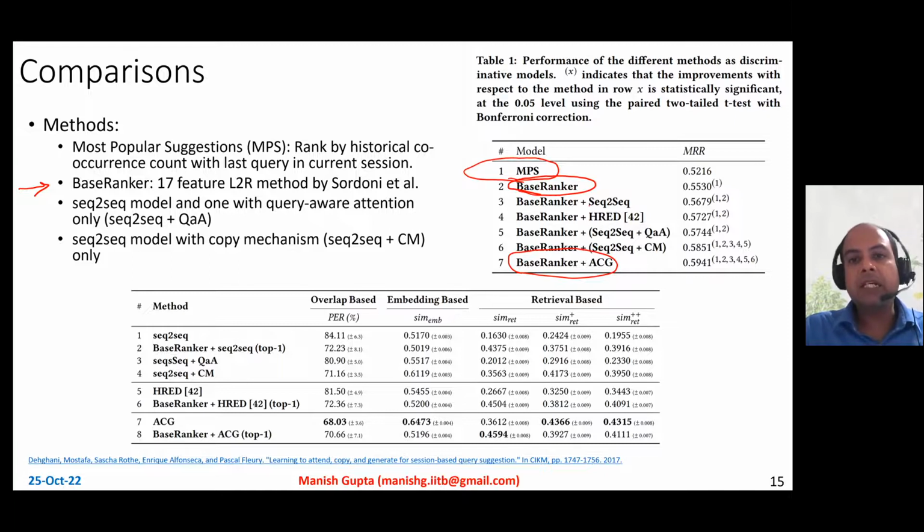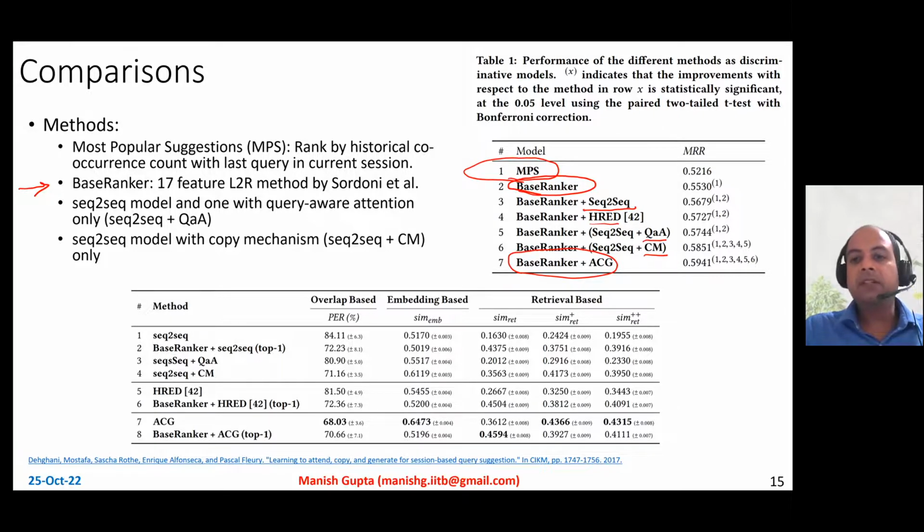People also compared with the standard sequence-to-sequence learning method, with the hierarchical recurrent encoder-decoder method, with the current method which uses query-aware attention only, or which uses the CM part, the copy mechanism only, right?